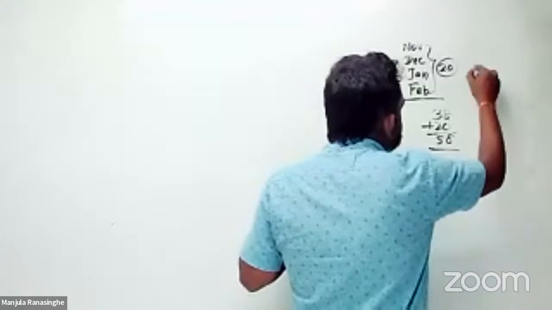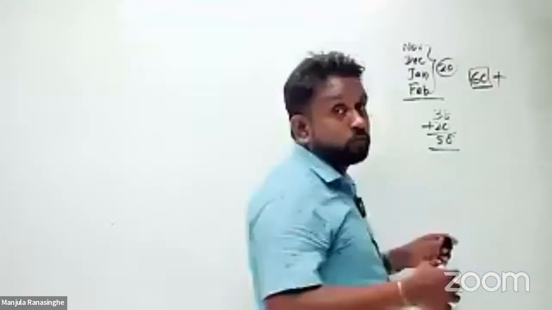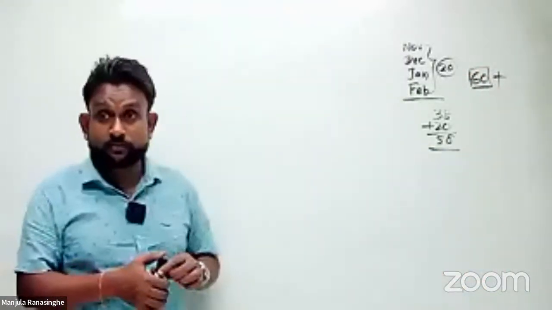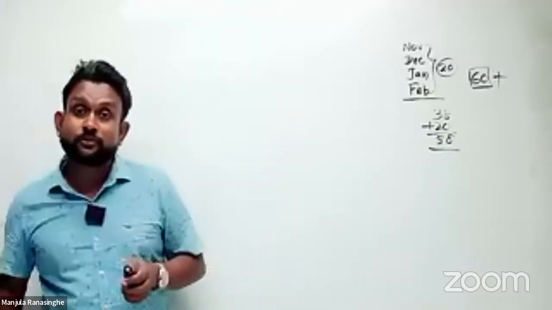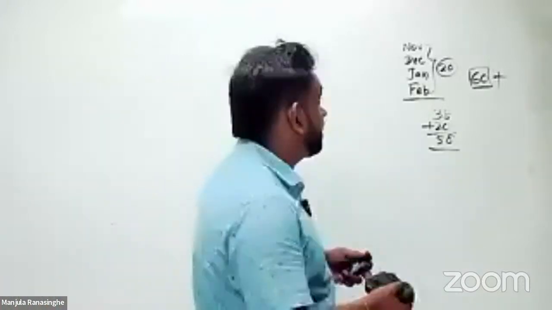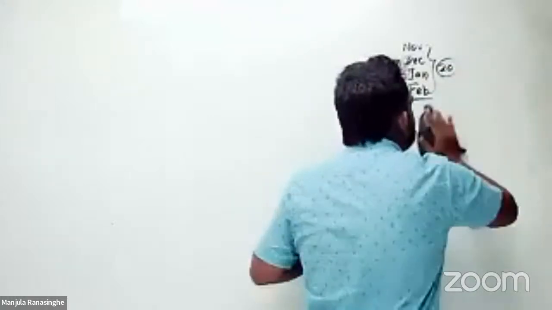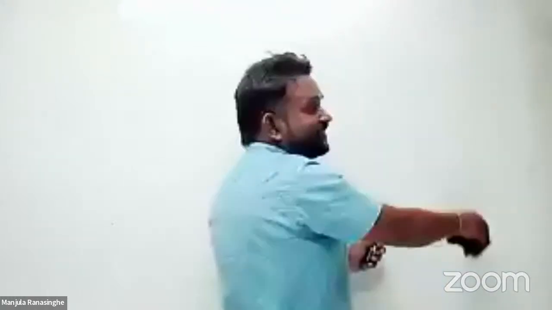So my target is 60 plus papers. That means you will be in a better position in the exam, no worry about the maths. I will take the responsibility, but you have to do the papers, and keep the discussion live. Then you will be okay, no problem.